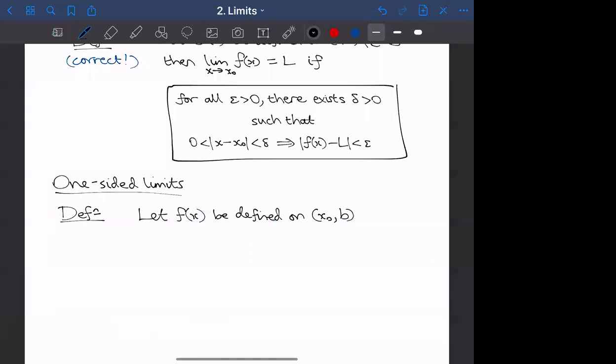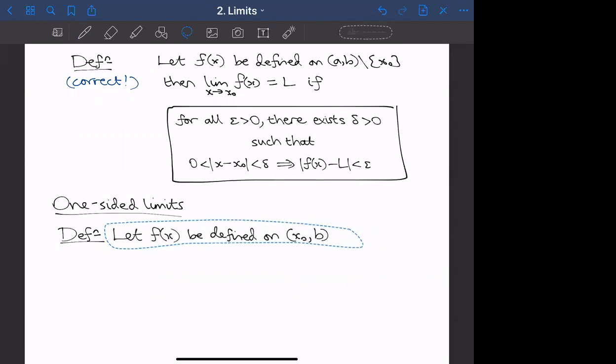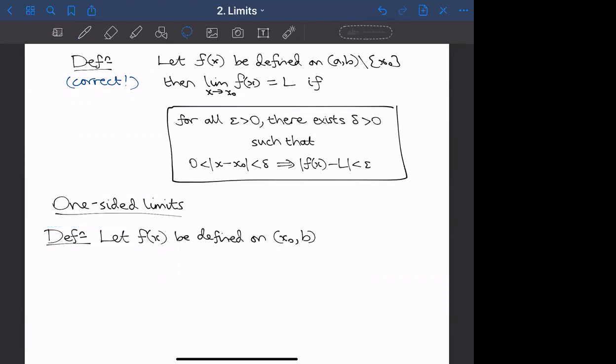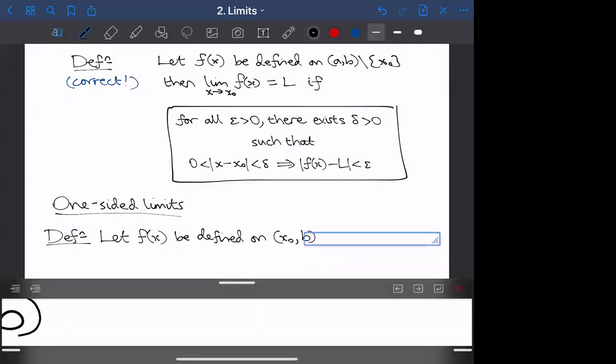So you remember last time, we had an interval (a, b) where the function was defined, and x0 was somewhere inside that interval.